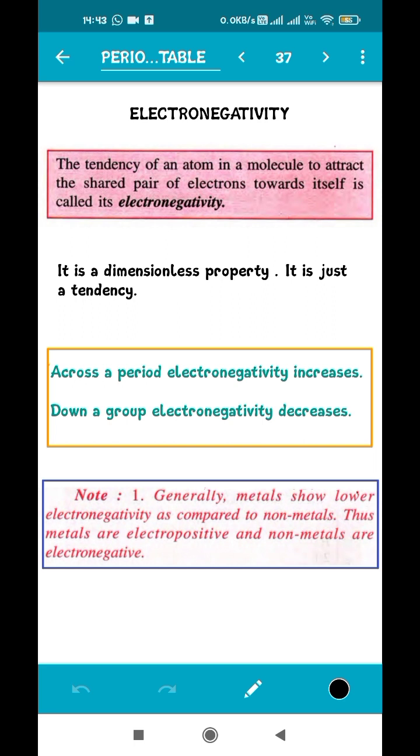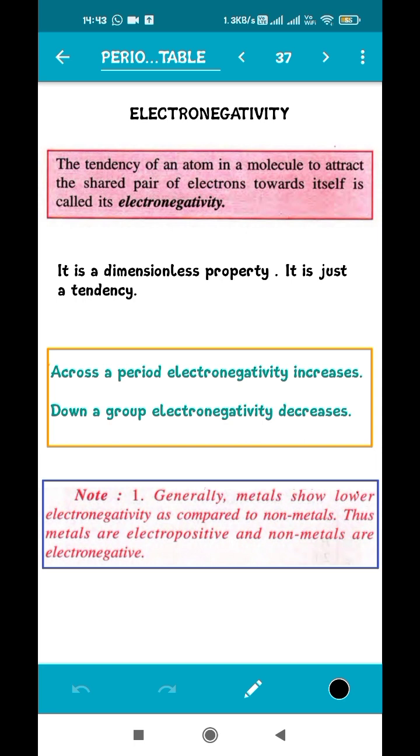For example, in HCl, H will give one electron and chlorine will give one electron. They will share it, so both of them are satisfied in their valencies. Since chlorine is much more electronegative than hydrogen, the shared pair of electrons will be shifted a little bit towards chlorine. The same thing happens in water also, both of which you will learn in the chapter on bonding.